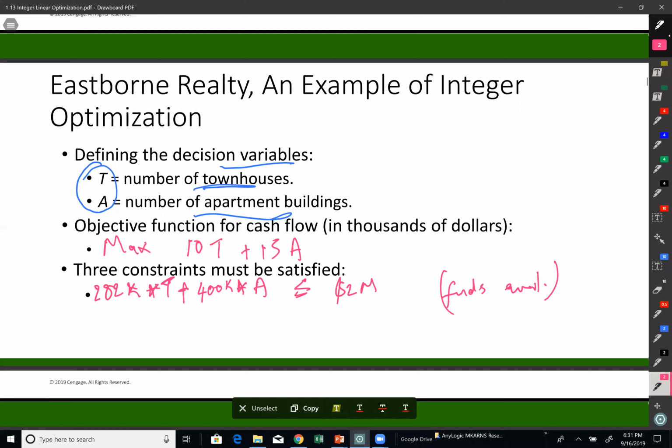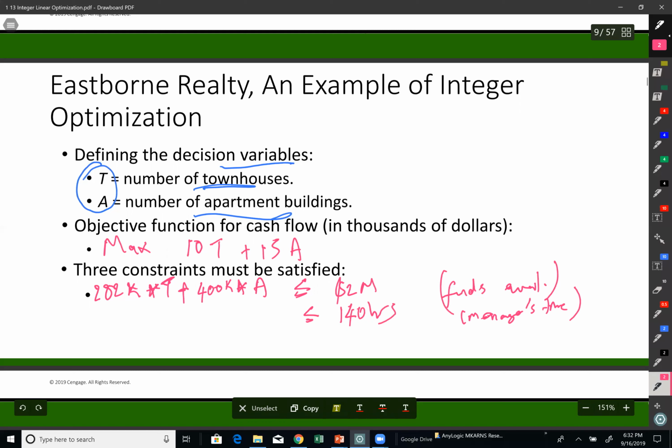Another constraint we have here is the manager's time constraint, and these are in hours. We know that our management company has up to 140 hours.